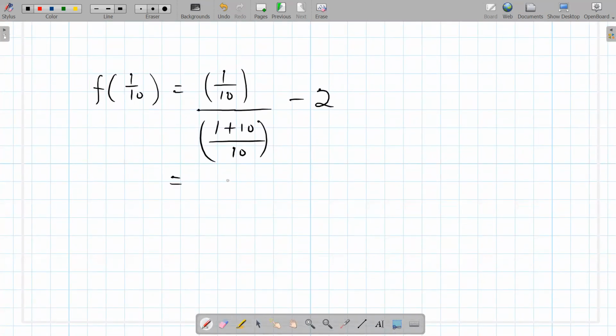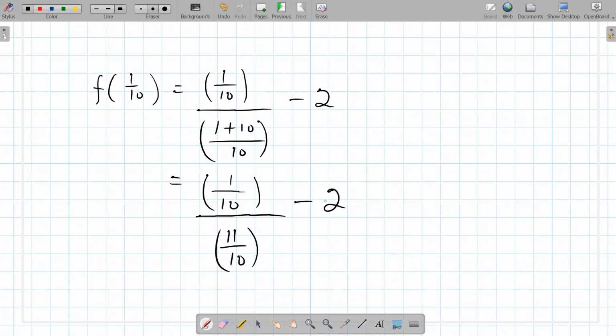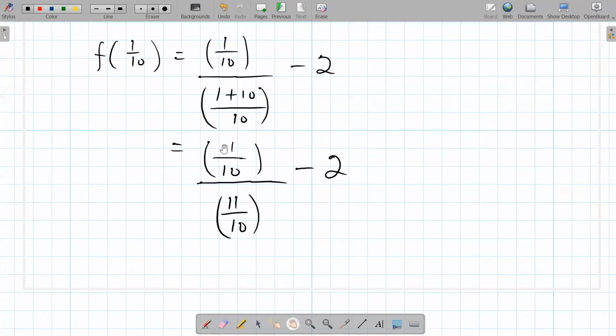So this is now 1 over 10, and then this is going to be 11 over 10 minus 2. So take note, the whole of this, if I add the numerator, becomes 11, and I divide by that. So what I'm doing here is I'm trying to evaluate this, and then finally I'll subtract 2 from my result. Okay, so how do we do this?